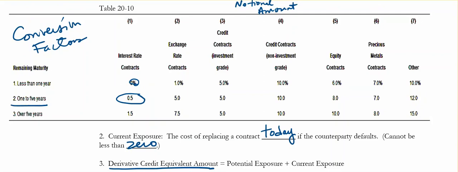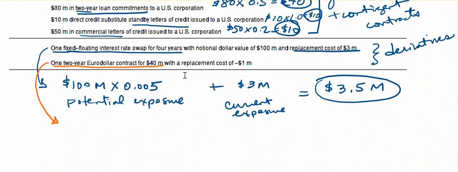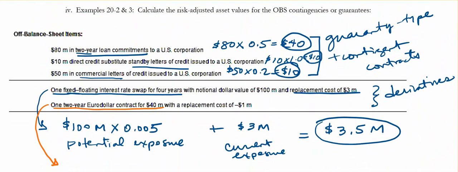And it was a 2-year contract, and so that also would be here in this category. 5% is a credit contract. So we multiply the $40 million times 0.05 because it's 5%, not 0.5%.